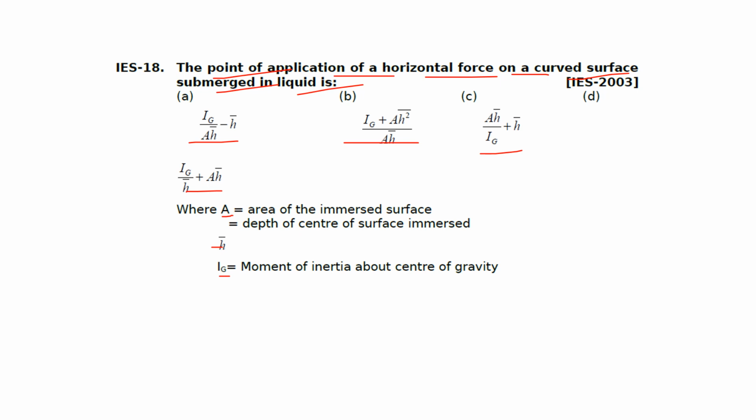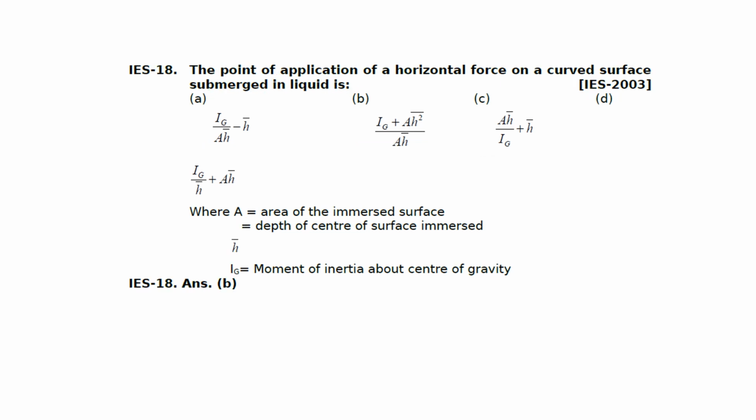I expect you know this formula very well if you have already studied hydrostatic forces. It is B, IG plus A h square by A h bar. The sin theta also comes in this, we'll see that later. So it is B.